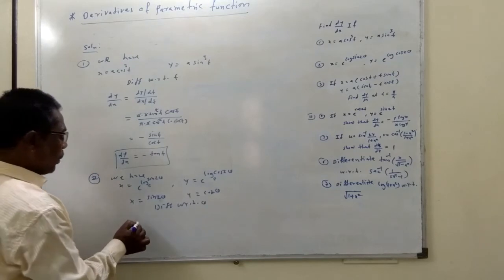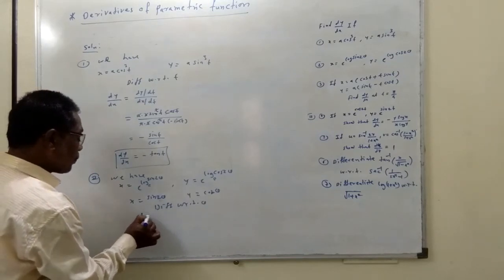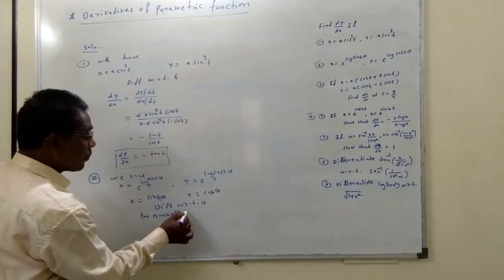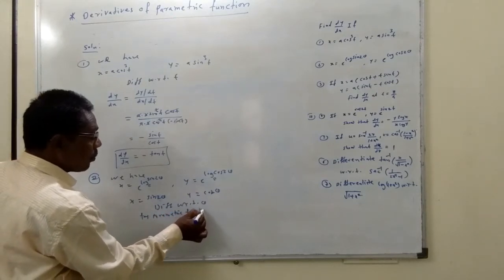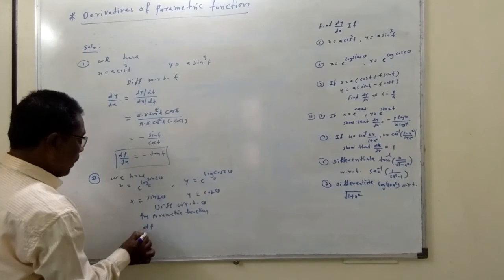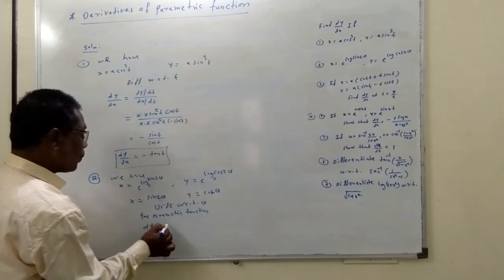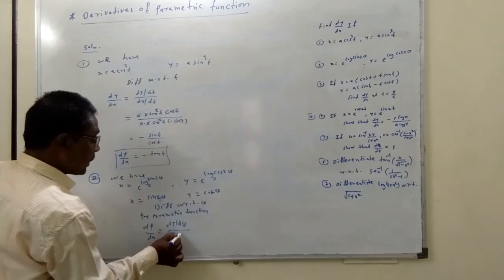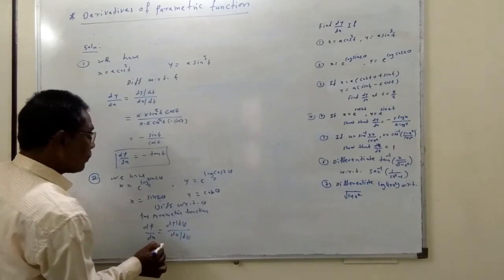For a parametric function, dy by dx is equal to dy by d theta divided by dx by d theta.